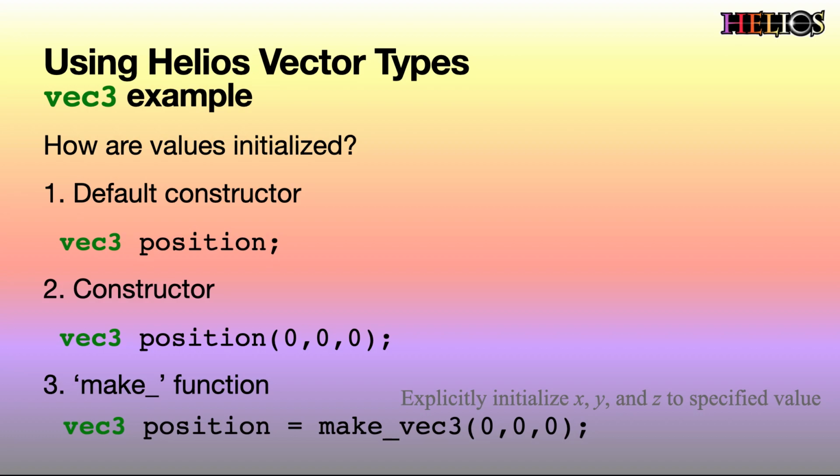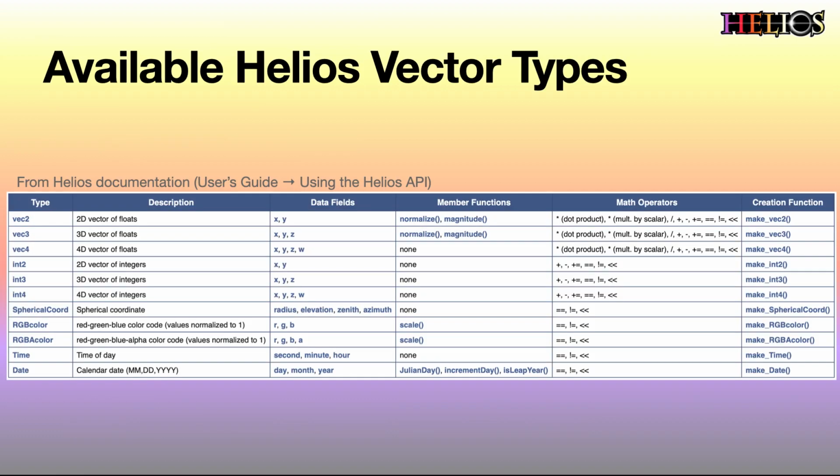We can also use this make_ function if we wanted to skip the declaration and just pass a vec3 straight to a function, for example. This is just an in-place way of defining all the values within our vec3. And this is all specific to just a vec3 as the example, but there are many different types and they all follow the same rules.